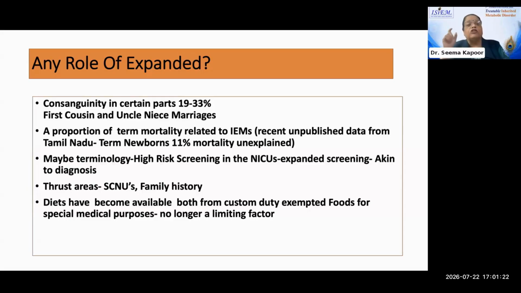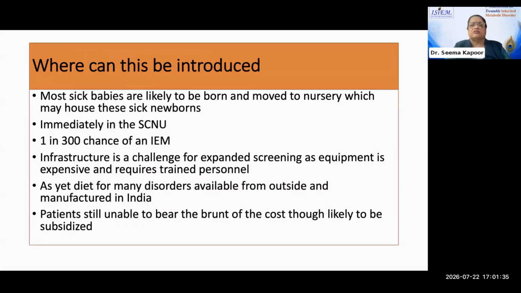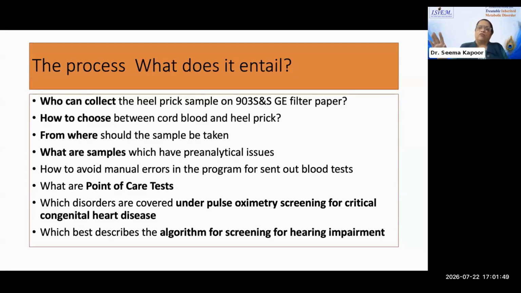You can give some amount of breast milk, and these are called foods for special medical purposes and are covered under National Rare Disease Policy in the group 2 disorders. So this can be immediately introduced in the SNCU. The chances of saving a baby are 1 in 300. And now with the NRPD, the cost of treatment has completely gone off.